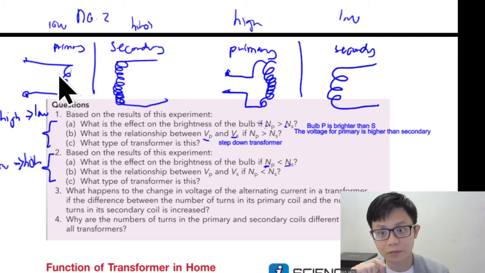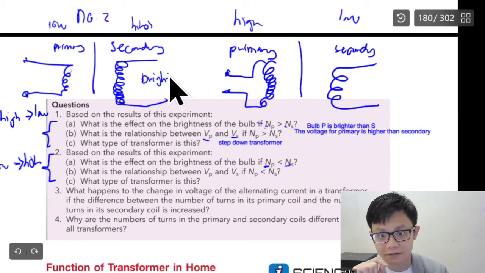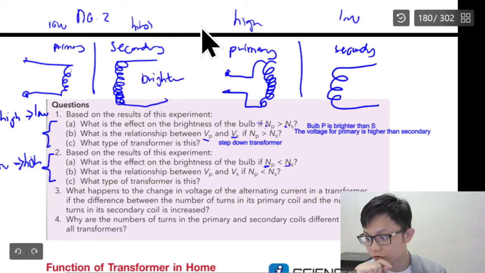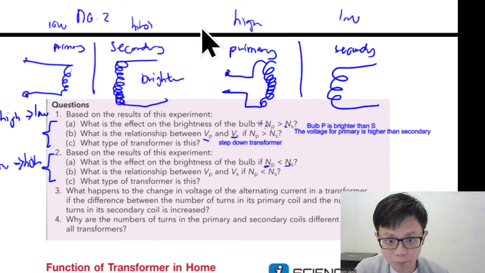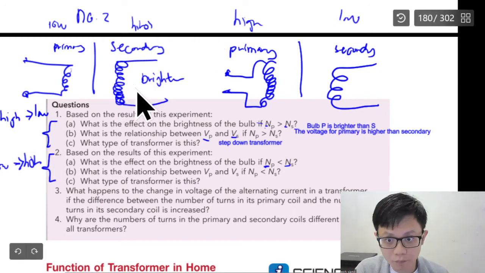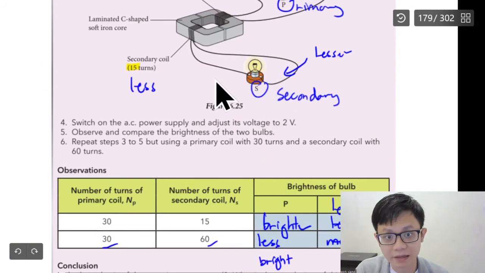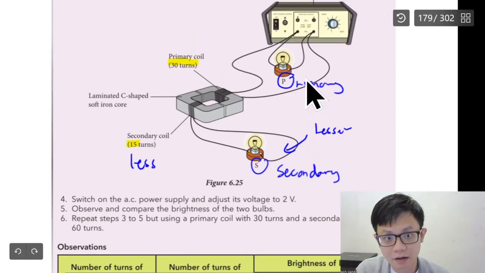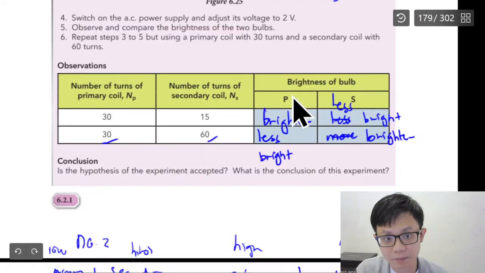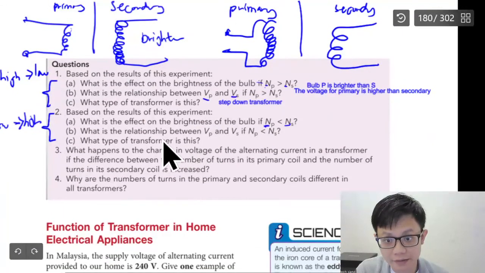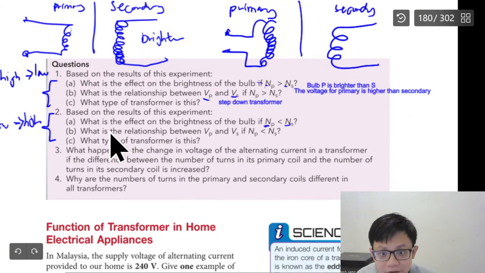Secondary more than primary. So I already drew it for you. So this one is brighter, correct or not? Wait, let me read the question again.